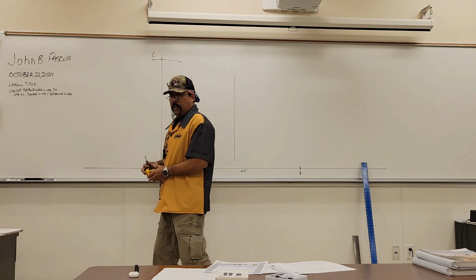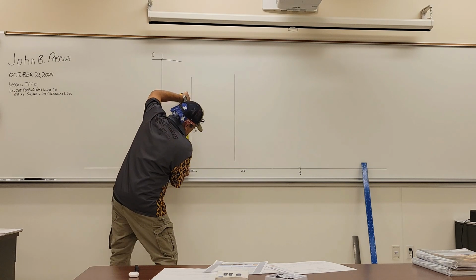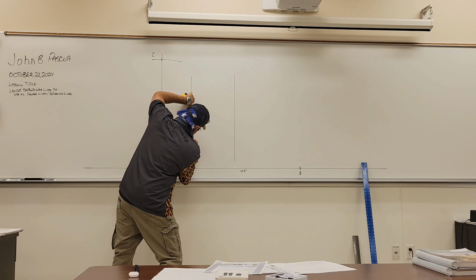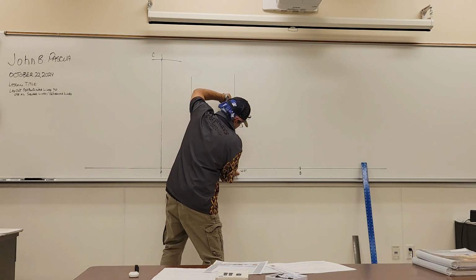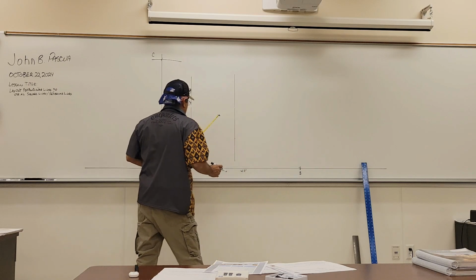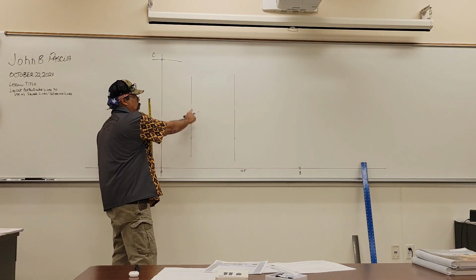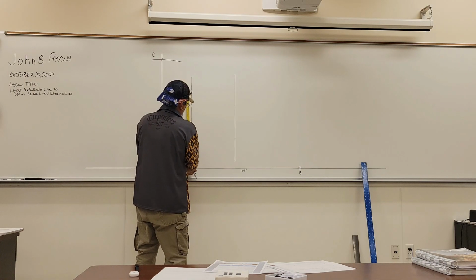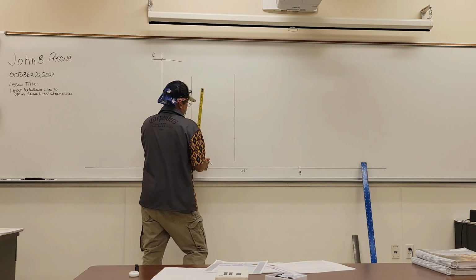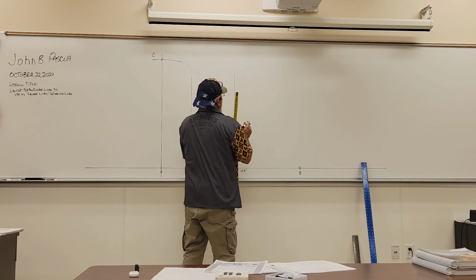Now from our reference line, measure vertical 10 inches. And since we have a 15-inch square, we're going to measure 15 inches from this point, vertical. 10 and 15 inches.